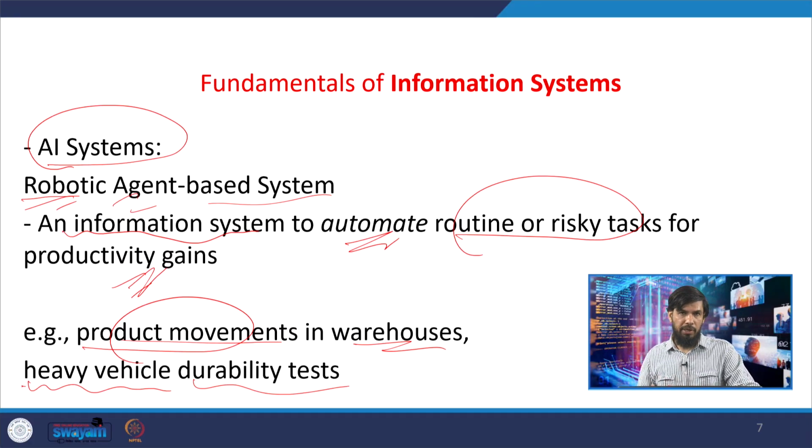So there would be productivity gains. That means a new design of a heavy vehicle or any other vehicle can be quickly tested because the risk is well managed, since robotic agents are being used. So the robotic agent based system is another example of an information system to automate routine or risky tasks.